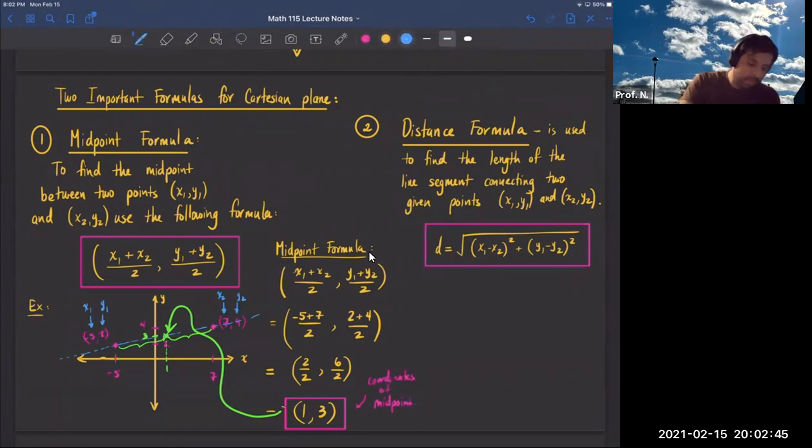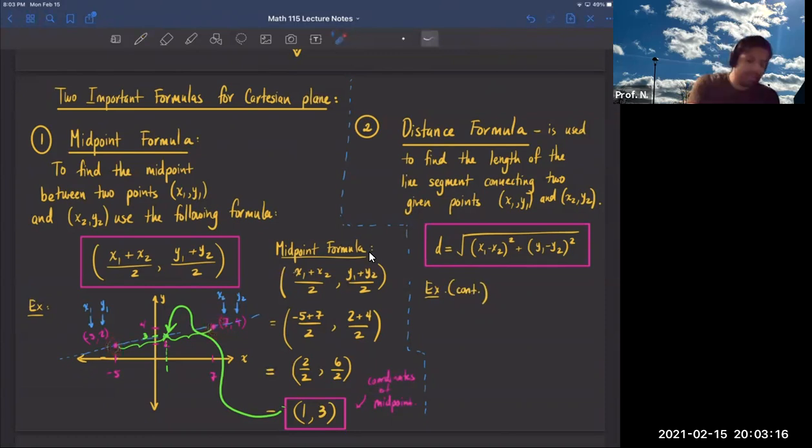And let me just make a bit of a division here. So we're going to use the same example that we had here. So our 2 points are still going to be -5, 2. We're going to continue it. We have -5, 2 on this point here, and we have 7, 4.